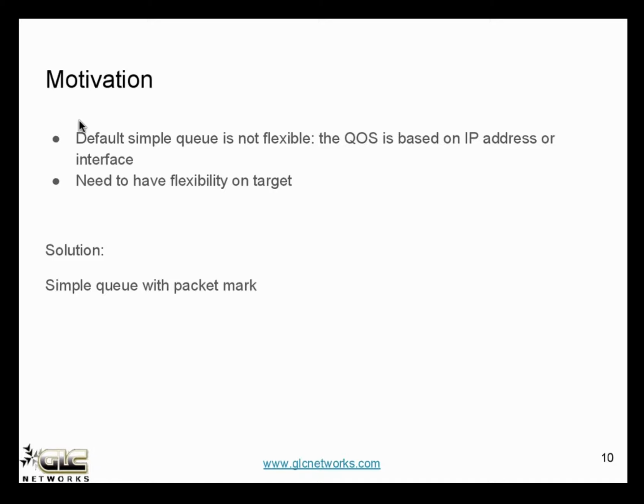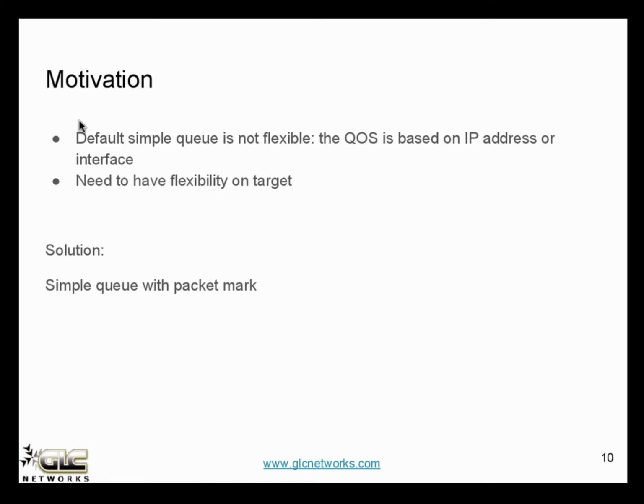What happens if we want to reduce the traffic that goes to a certain destination, or traffic from those destinations? That is not possible, because the default simple queue is not flexible.